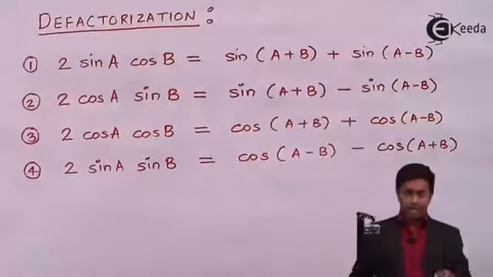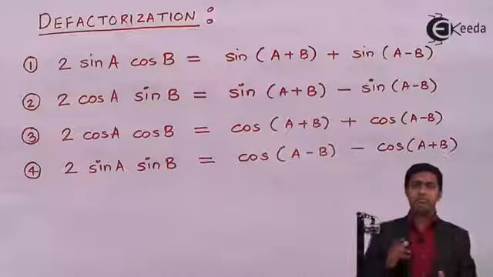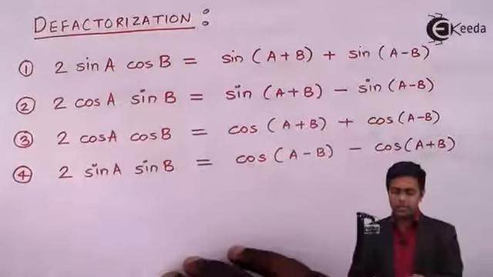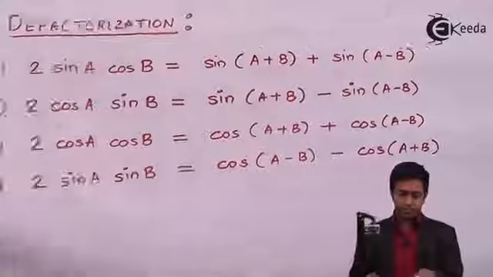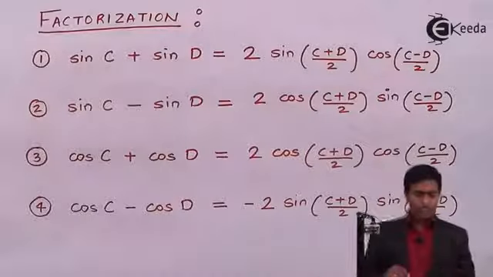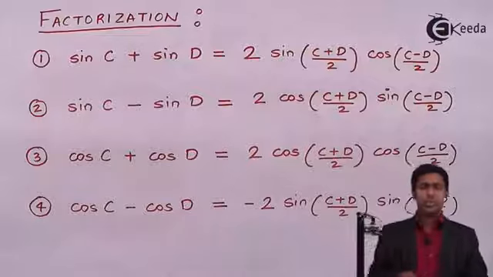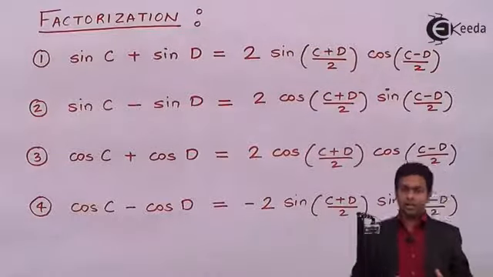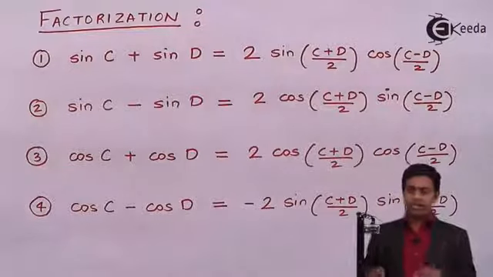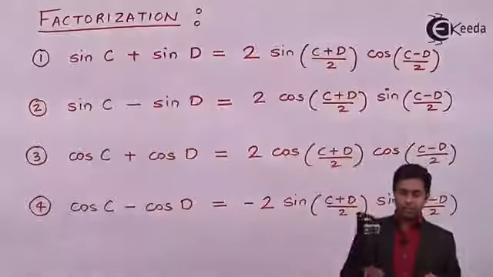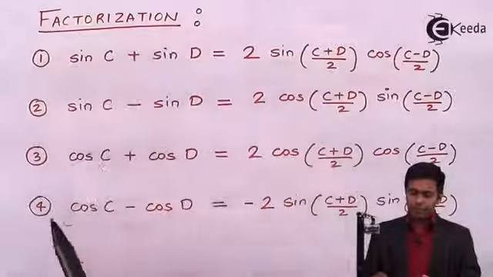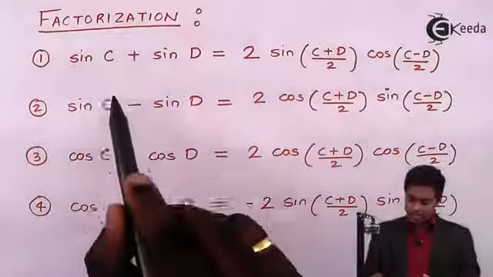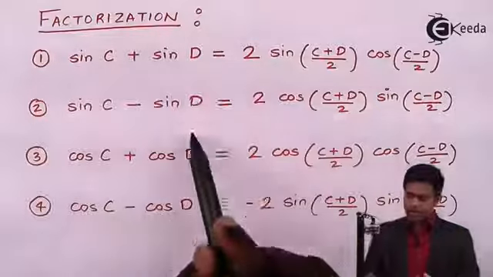Now I'll tell you the hint to remember these factorization and defactorization formulae. So guys, let's start. If you see the factorization formula here, what I suggest to students is always remember the different part. On the left hand side the different part is sine and cos, whereas this C is common everywhere, this D is common everywhere.